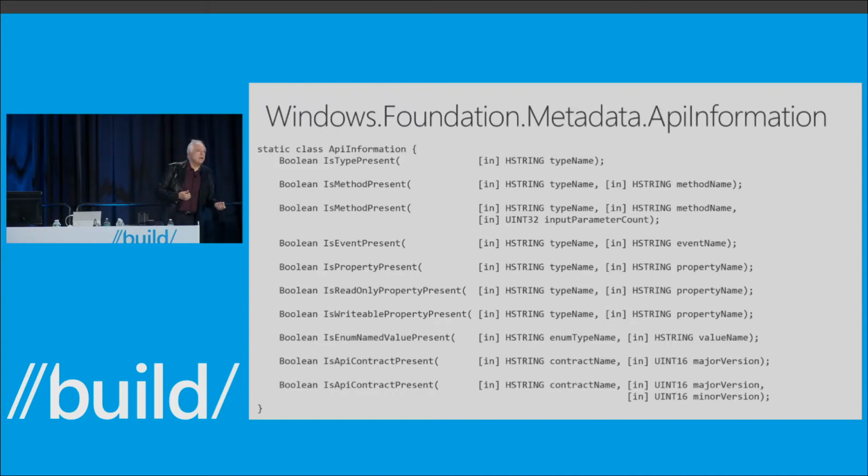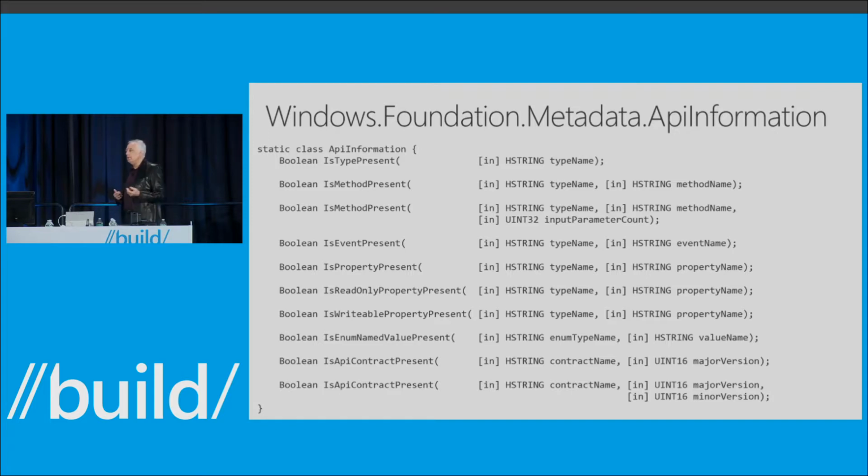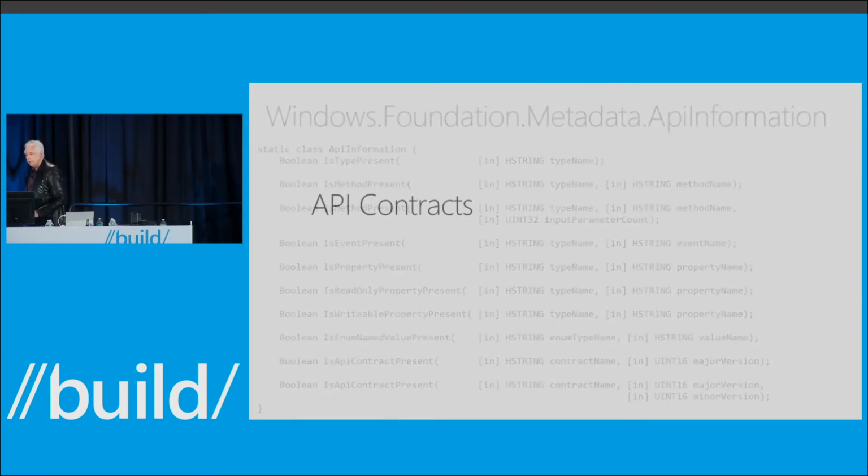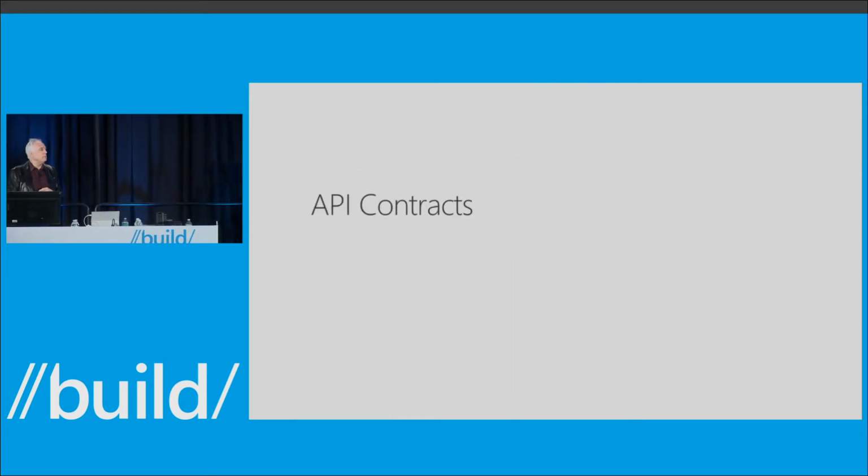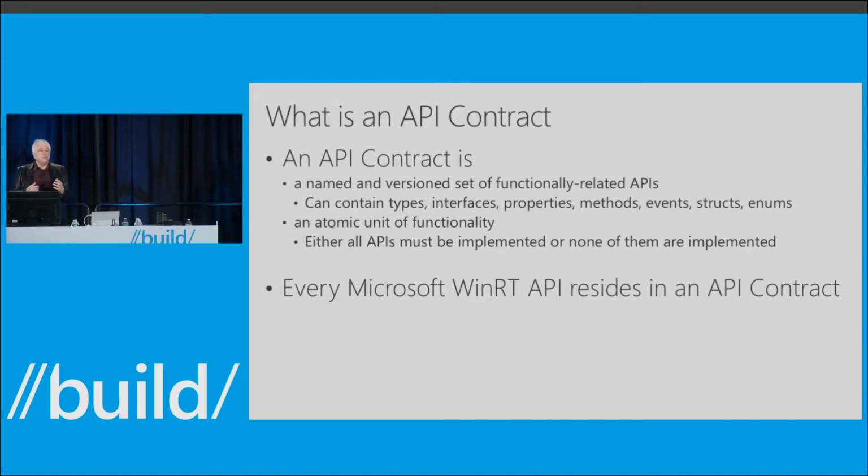Is API contract present? So what is an API contract? That's good timing because now I'm going to talk about those. Basically, an API contract is a named and versioned set of APIs. Think of it as a feature, but I couldn't use is feature present because feature is so nebulous, so I came up with an equally nebulous term.